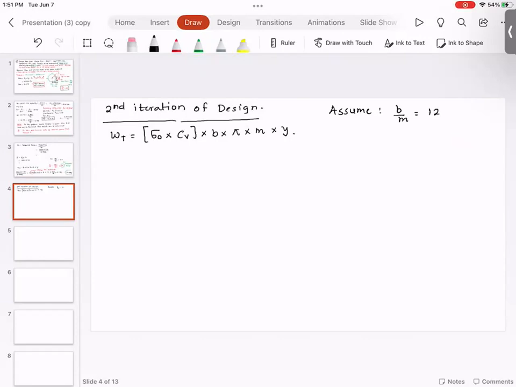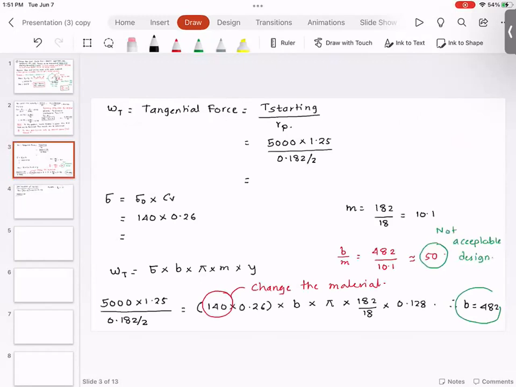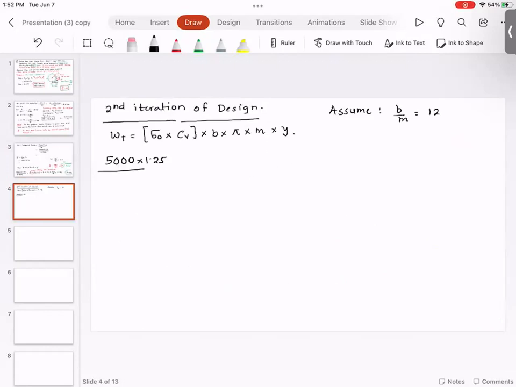And then I'm going to substitute 5,000 divided by 0.812 by 2, 182, CV 0.26.